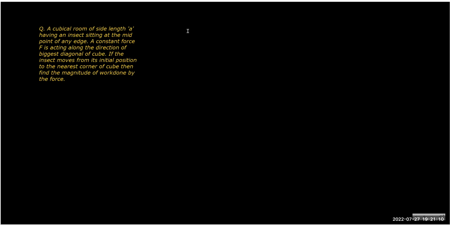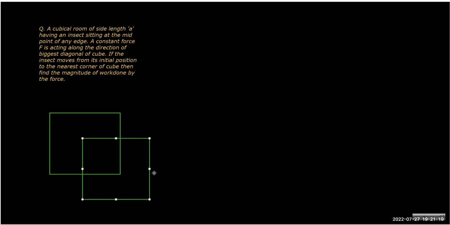Okay, so I think I should give the solution now. So first of all, draw the cube. Once you draw the cube, you will get clarity on what is happening and how to get the answer.